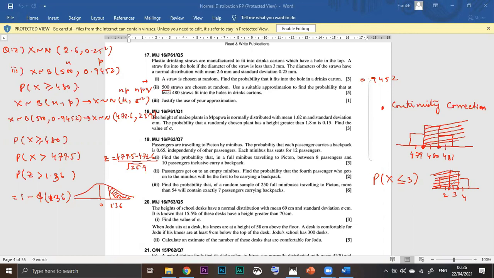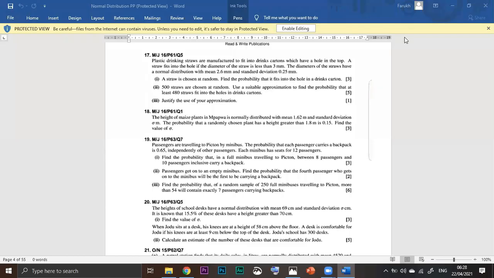If we wrote 2.5 and moved to the left, we would miss the rectangle. If this one is x greater than or equal to 3, then we draw three rectangles, move towards the right, and include 3.